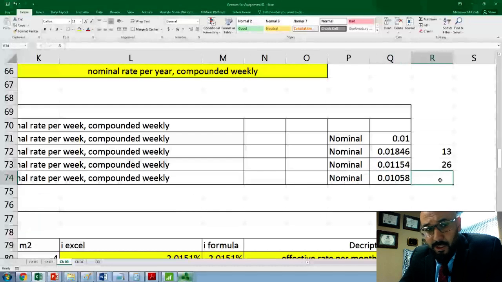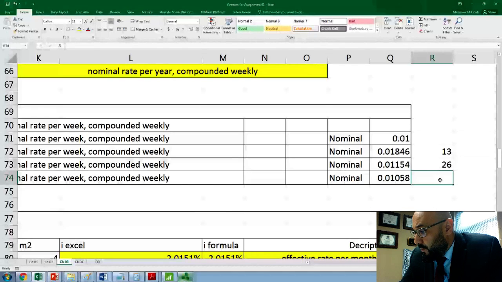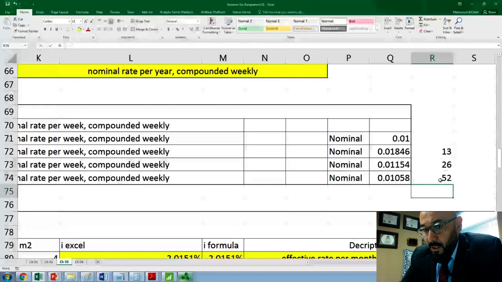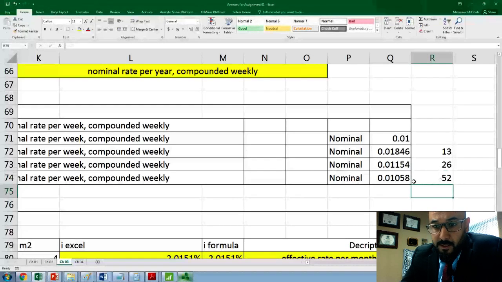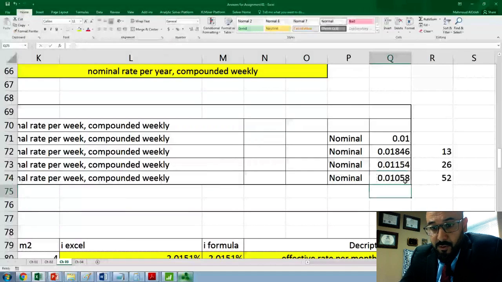And the last one, part E, nominal rate of 55% per year compounded weekly. So we know that there are 52 weeks in a year, and that would give you 55 divided by 52. So 0.01058 is the nominal interest rate per week. Nominal interest rate for a week.